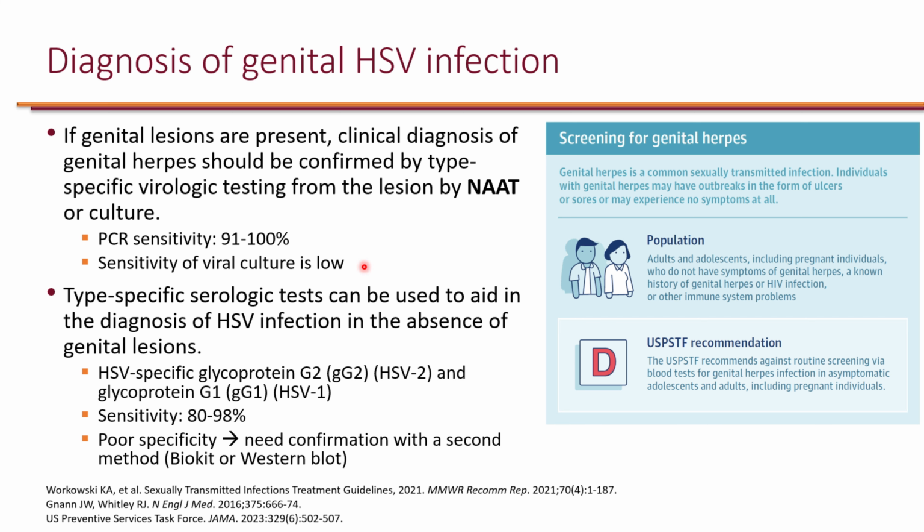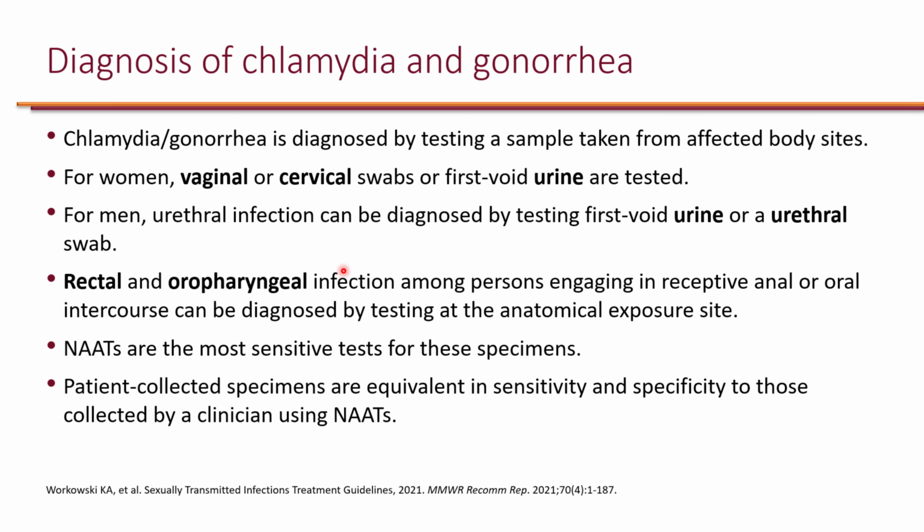Now, diagnoses of chlamydia and gonorrhea are pretty similar. So essentially, you use nucleic acid amplification test from the specimen, and the specimen is essentially the site of infection. So for women, if it is a urogenital infection, so vaginal or cervical swabs, or you can use a first void urine test to detect either chlamydia or gonorrhea.